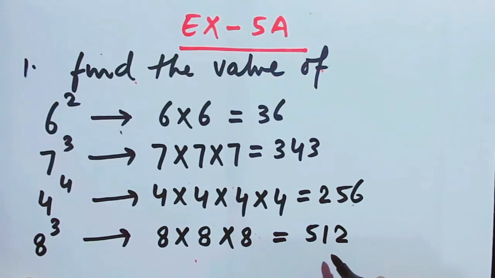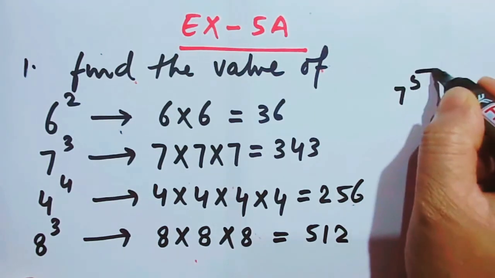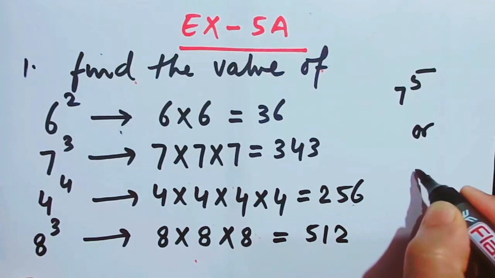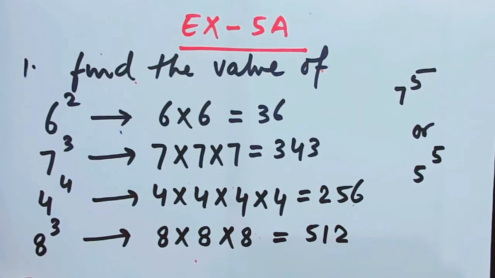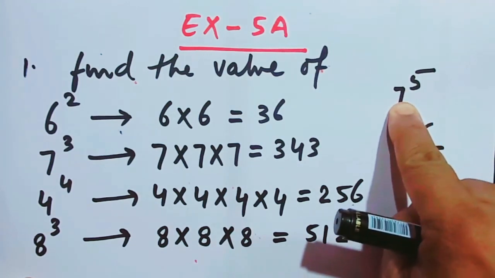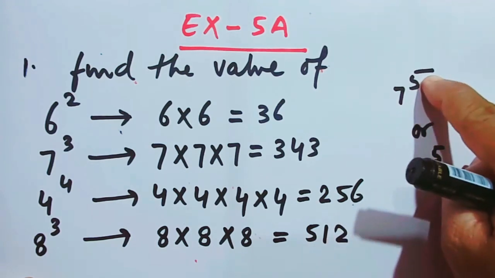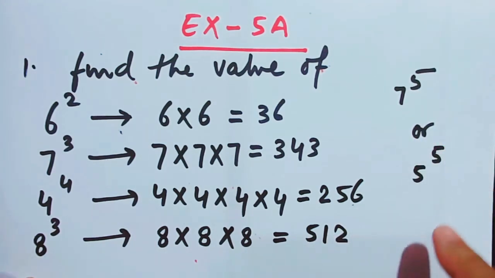Similarly, you can find out the value of 7 to the power 5 or 5 to the power 5. Means you have to repeat 7 five times, and repeat 5 in its multiplication form 5 times. So I hope the concept is clear.